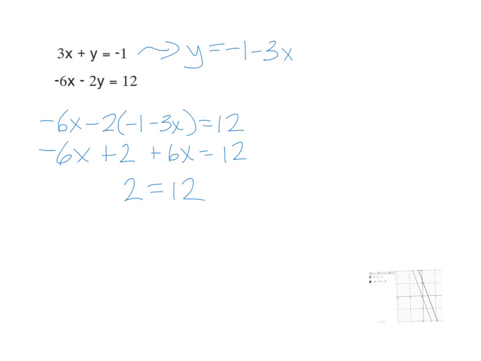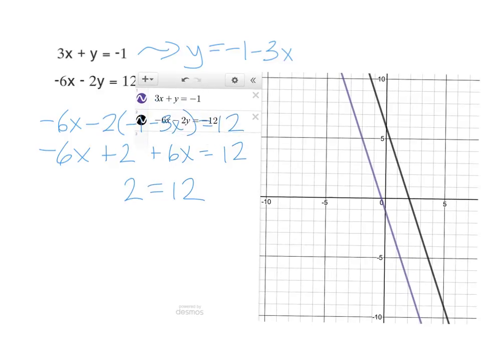Does 2 = 12? No. Here, with this one, we get a false statement. It's not an infinite number of solutions. It's something different. If we look at graphing it, here's what we get. Two parallel lines.